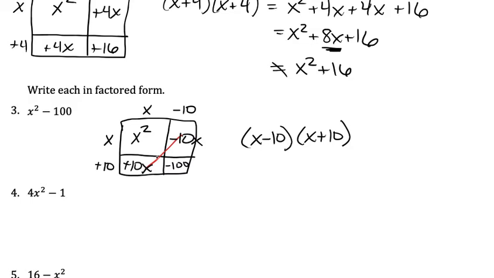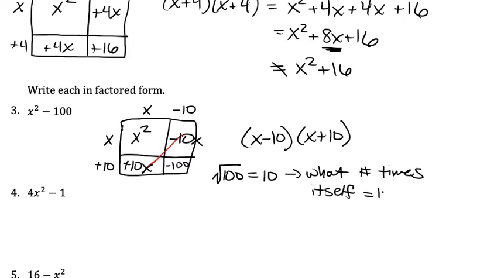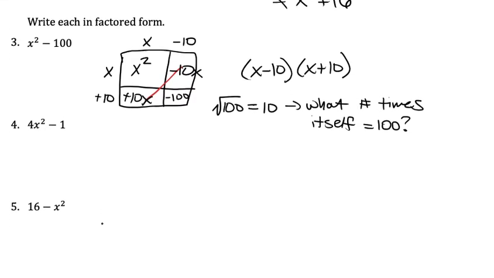And the reason that I knew it was 10 is because I'm thinking about what number multiplied by itself equals 100. And well, that number is 10 because the square root of 100 is 10. So that's how I figured out what these two numbers would have to be. And I know that one has to be negative and one has to be positive in order for them to cancel out.